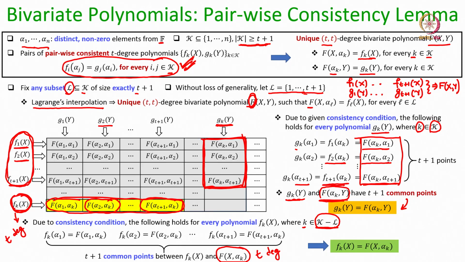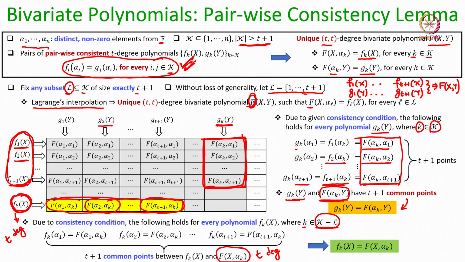So, you were given many pairwise consistent x univariate polynomials, maybe more than t plus 1. You have utilized the first t plus 1 to interpolate the bivariate, and now I have shown that if I focus on the remaining pairwise consistent x univariate polynomials, they also lie on this interpolated bivariate polynomial f of x y.